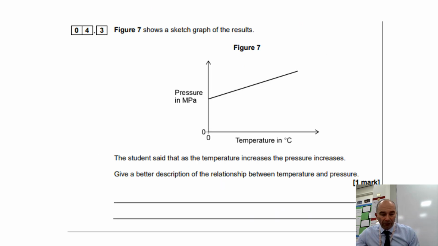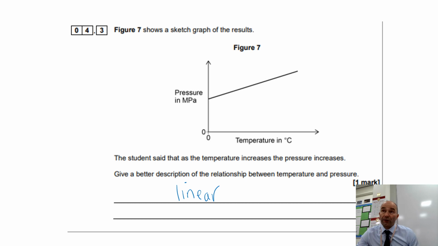Now 4.3, we've got a sketch graph of the results, and the student said that as the temperature increases, the pressure increases. Give a better description of the relationship between temperature and pressure. Now it is true that as the temperature increases, the pressure increases. However, the bit they've missed out is the fact that the relationship is linear.